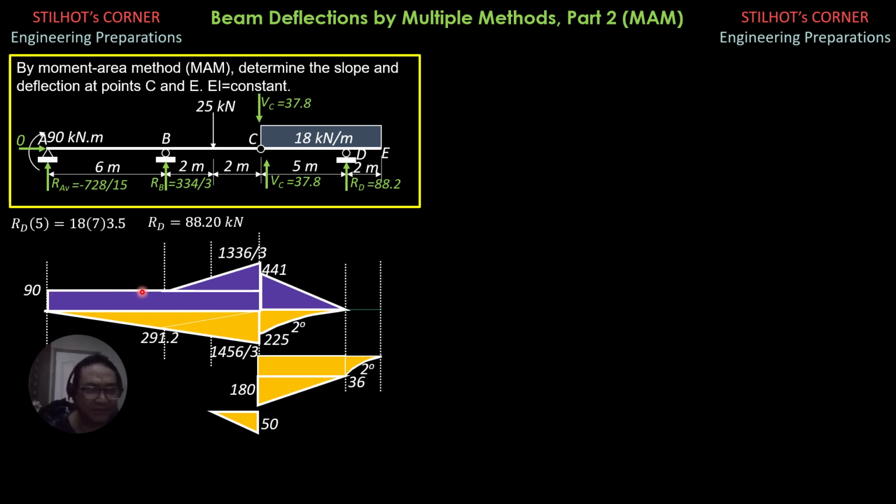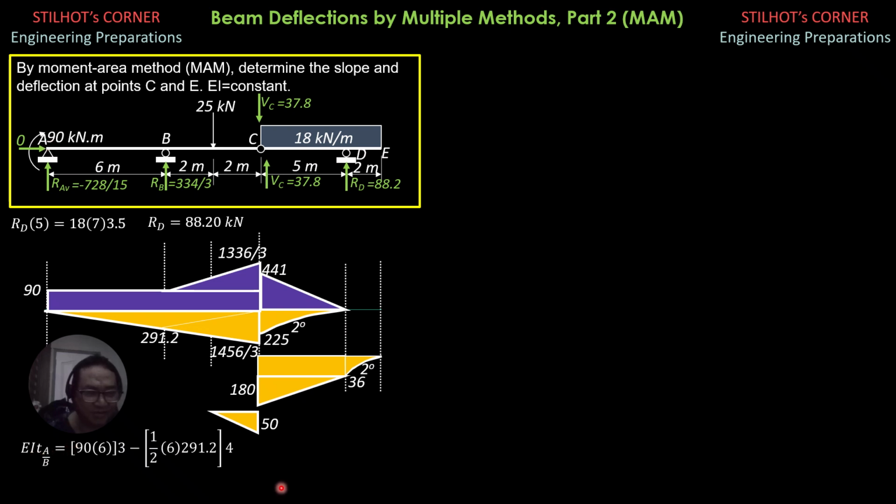So we just consider this area. So it is 90 times 6. EI times deviation of A relative to B is equal to 90 times 6 minus 1 half of 6 times 291.2 times 4. Because we sum up moments, we take moment about A, the first letter here.